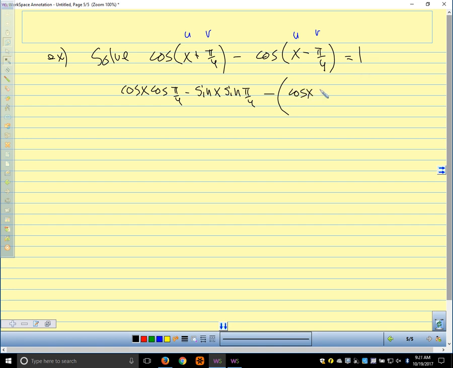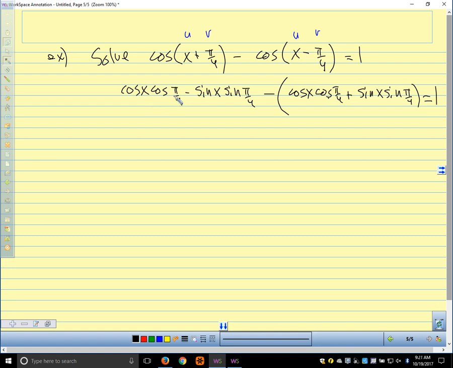Cosine x sine pi over 4 plus, whoops, should be a cosine, plus sine x sine pi over 4, and all that equals 1. Well, this is really nice because look what happens.